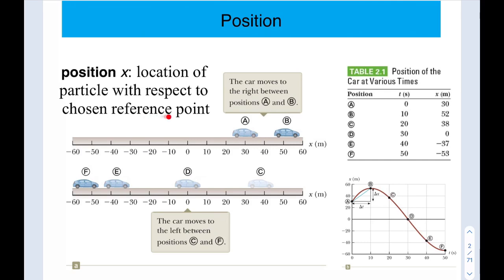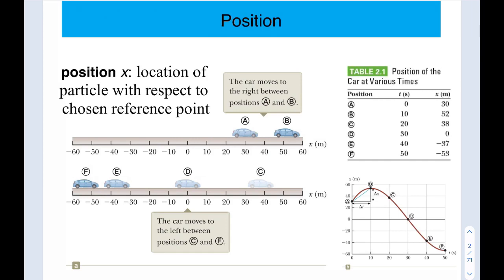So we need to have a reference point. For example, in diagram A, a car moves from position A to position B, where position A is 30 meters from the origin. The origin is our reference point. To the right of the origin is positive 30 meters. This is the initial position of the car.